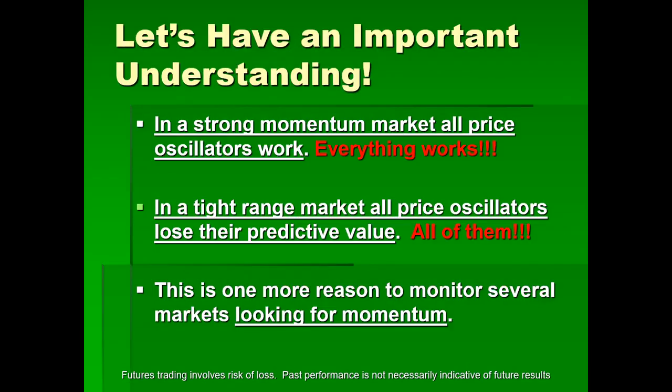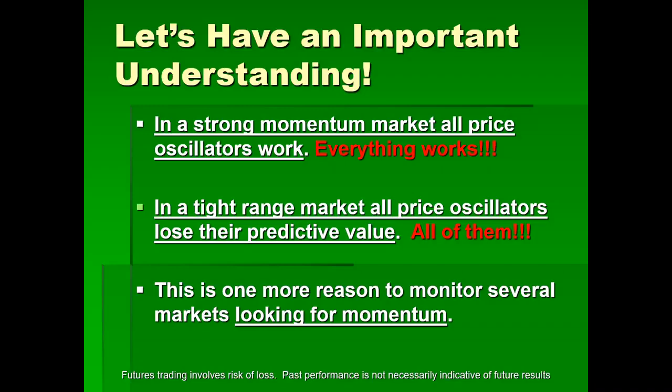Now let's have an understanding, and I'm the only guy who will probably tell you this. In a strong momentum market, all price oscillators work, and I mean everything. In a tight range market, all price oscillators will lose their predictive value. Therefore, what I'm telling you is there are expensive proprietary oscillators out there.